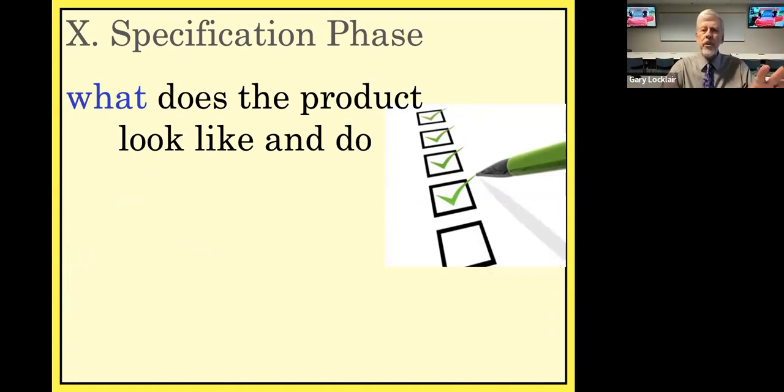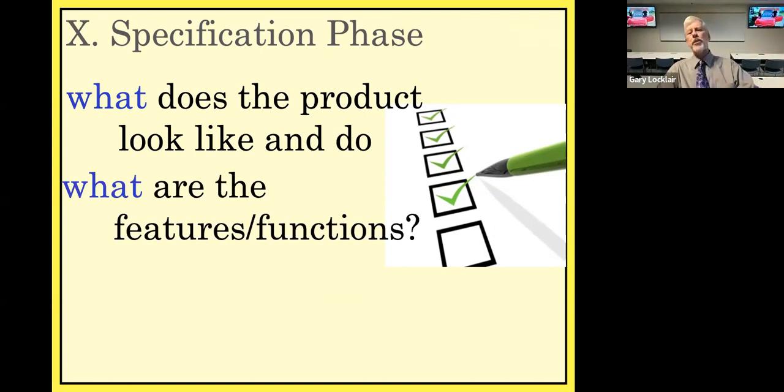We answer this fundamental question and its next related question. What does the product look like? What does the product do? These are what questions, specifications. They are not how questions. That's later. That's design.